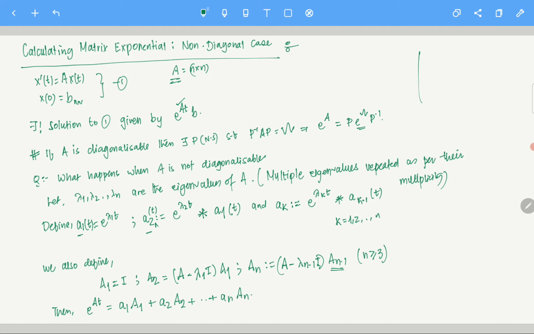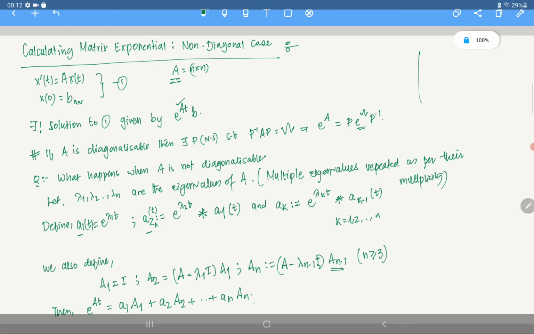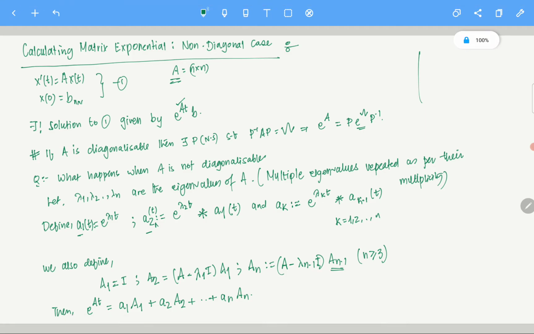Is this clear? Okay. So again, I am not going to provide you with the proof of this thing. But this is the algorithm to calculate exponential At.